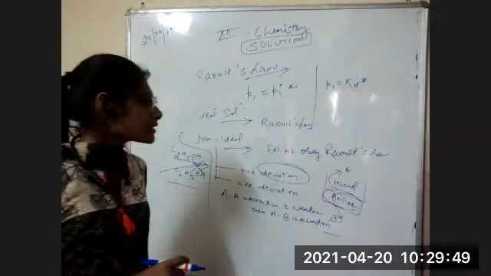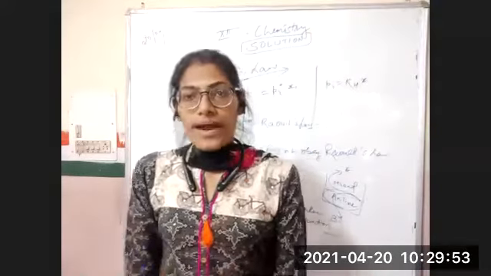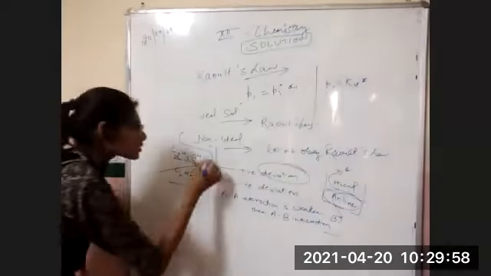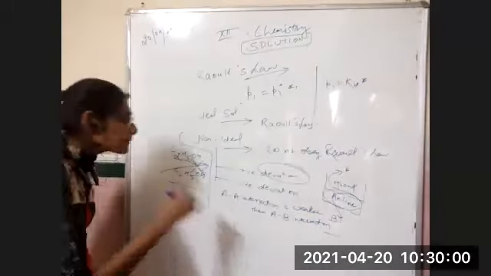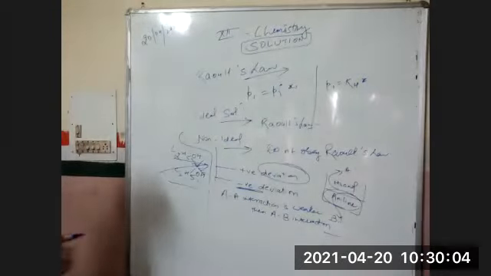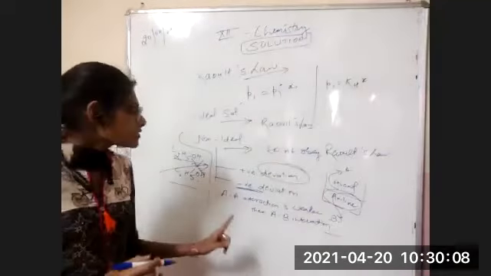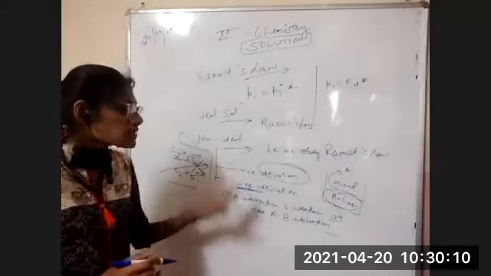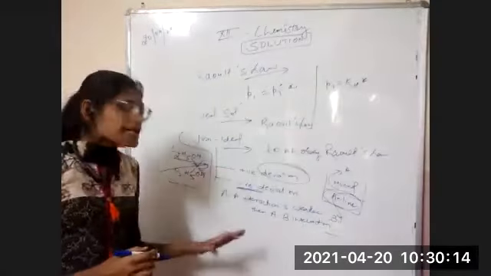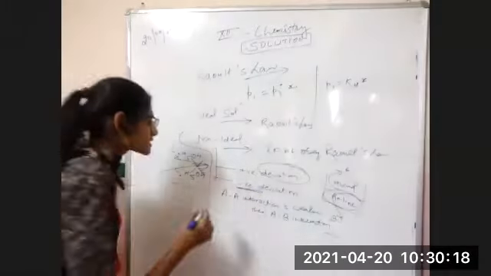I hope I'm clear. Now we would move to another topic, that is non-ideal solution with negative deviation. Now what actually it defines, that non-ideal solution we have already, but with negative deviation. See, if I'm talking about the positive deviation, we have taken the interaction only, and we have said that AA interaction must be weaker than AB interaction. Now in negative deviation, the case would be just reversed.